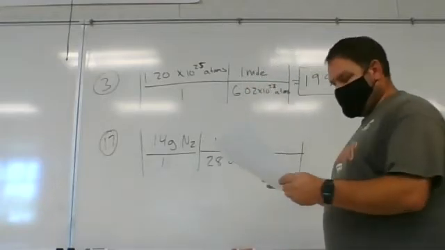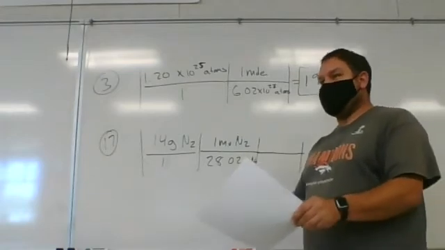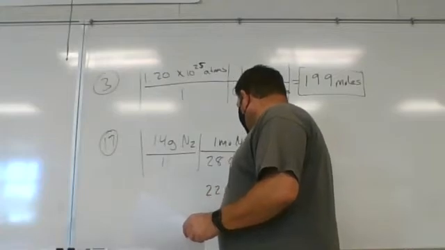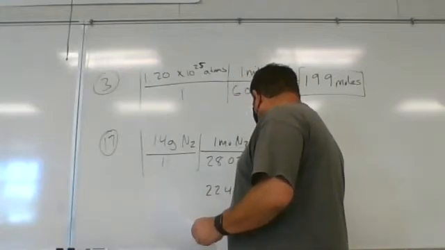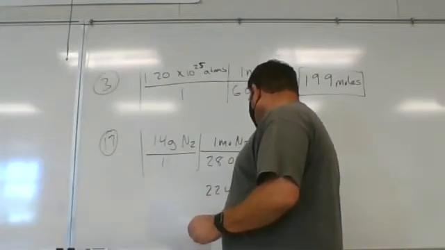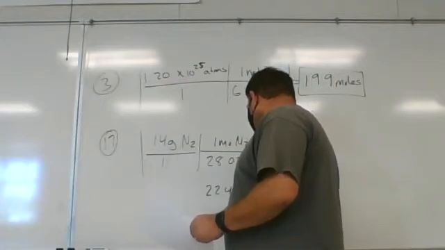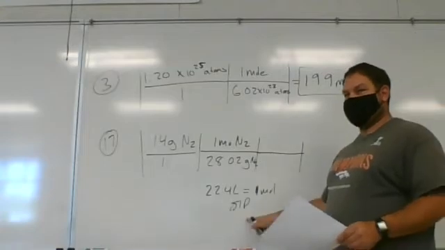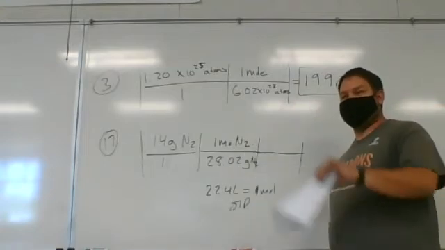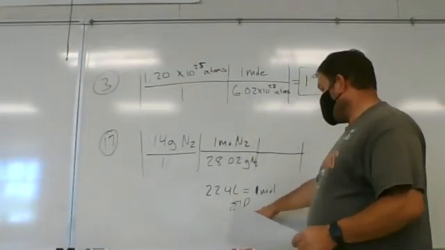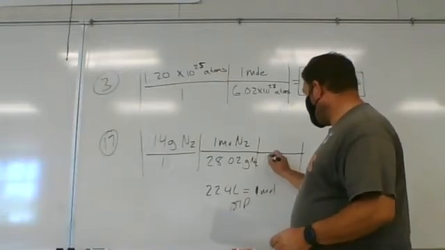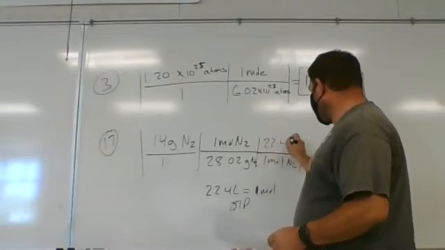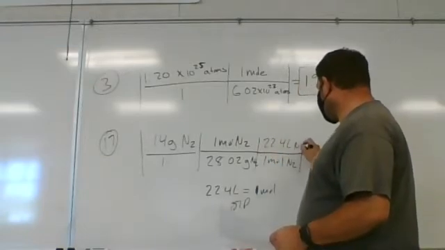Now we're talking about a volume of gas at STP. 22.4 liters is equal to 1 mole at STP, standard temperature and pressure, which is 0 Celsius and 1 atmosphere. So 1 mole to 22.4 liters of nitrogen on top.